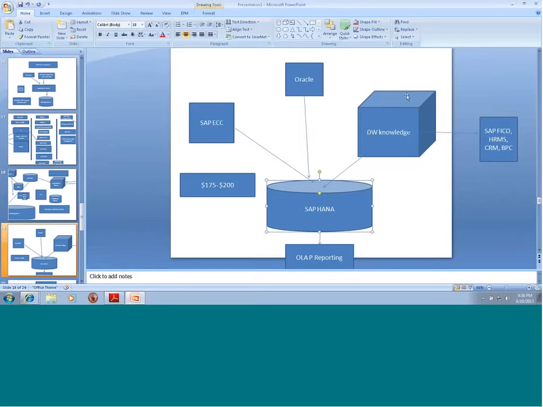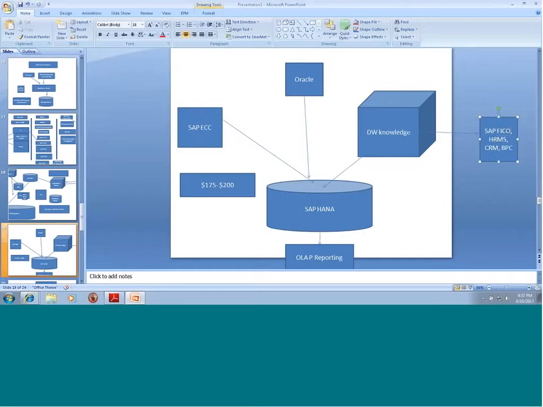Anybody who is new to the SAP system, the best way to start an SAP career is with SAP BW. If I were to start in an SAP ECC module, in FICO or HRMS, I'm only getting that information. I will be a functional consultant working only on FICO.